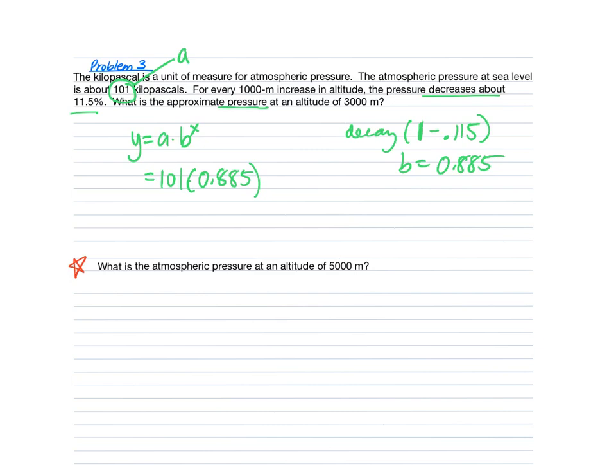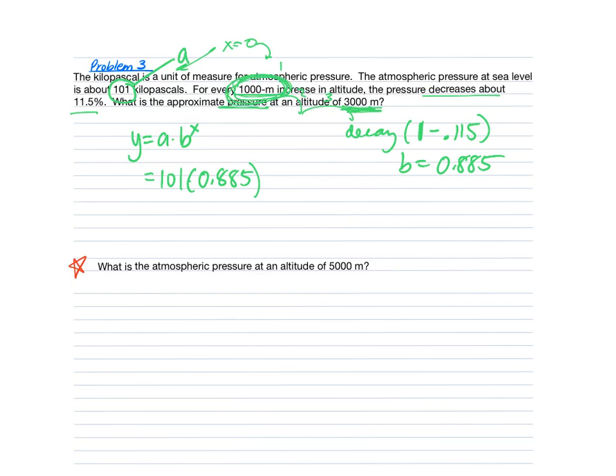Okay, so that's our B, 0.885. And then our X: this is saying for every 1,000 meter increase in altitude, the pressure decreases about 11.5%. So this is when X equals 0. If we go up 1,000, that would be 1; 2,000, 3,000, that would be 1, 2, 3. We're going up 3,000 meters, so each 1,000 counts as 1.